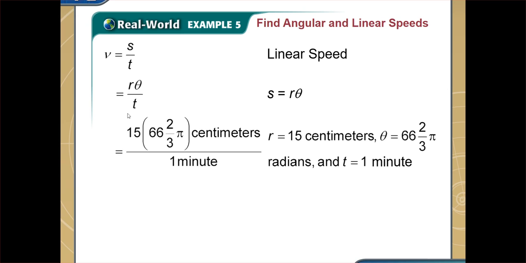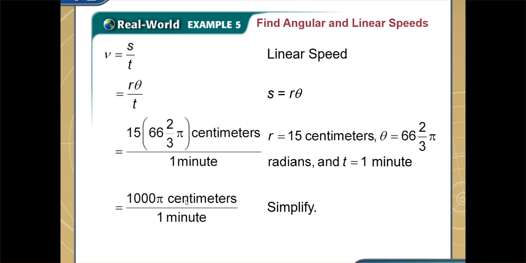Now we substitute our r for 15, our theta for 66 2/3 pi, and our t for 1 minute, and put it in your calculator.